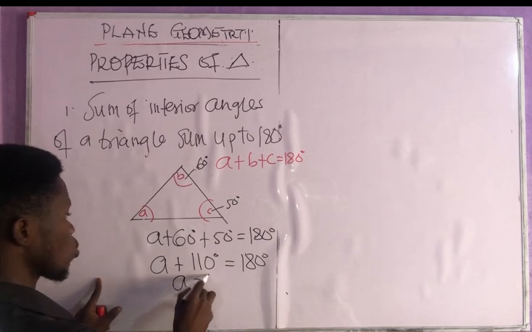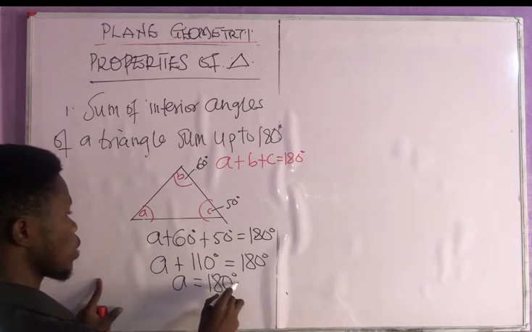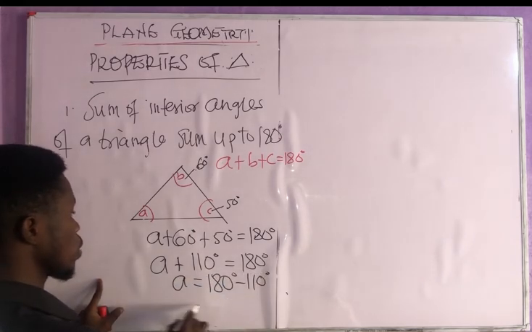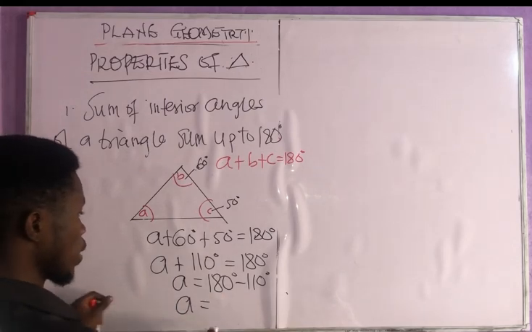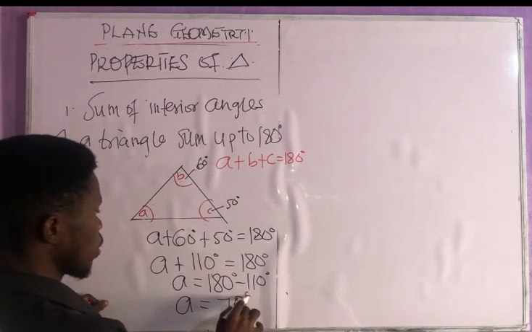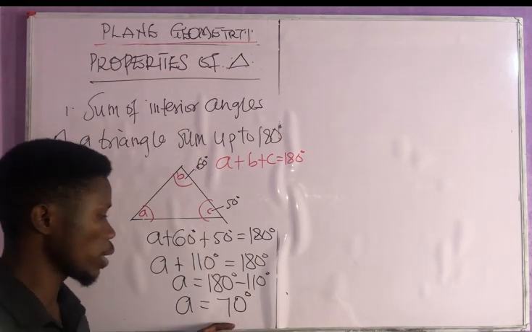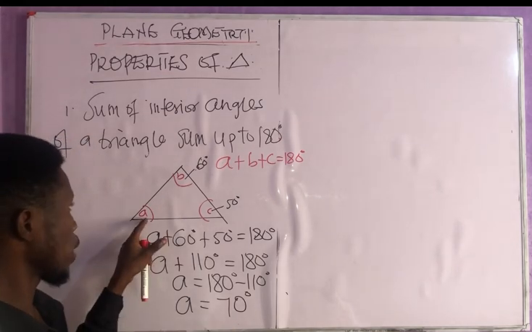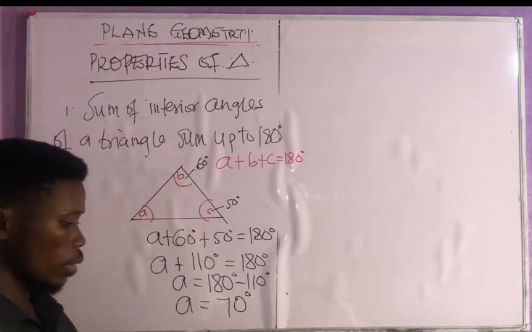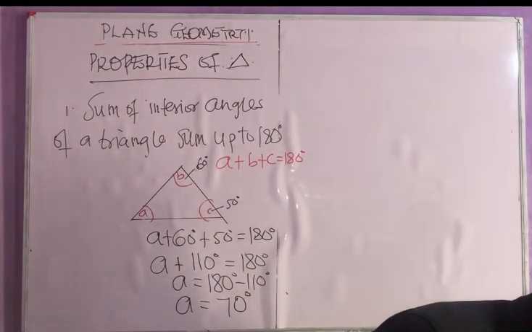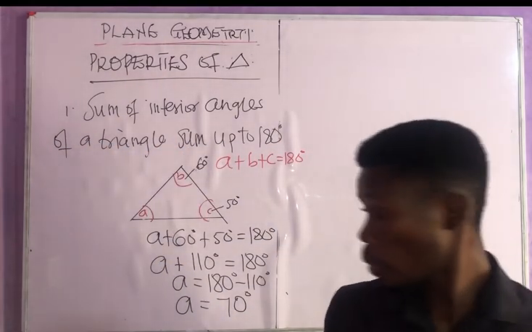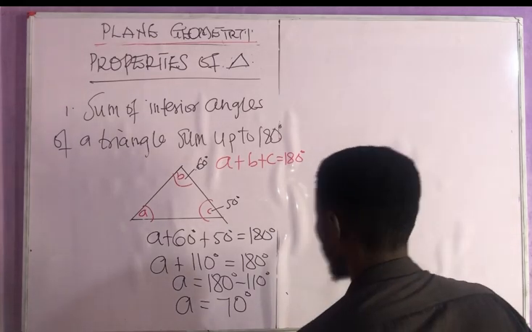So A is equal to 180 degrees minus 110 degrees. You subtract this from that, you have 70 degrees. Is that okay? Meaning that our A is 70 degrees. Now, let's also look at the other property. That one too, I've already mentioned it to you.